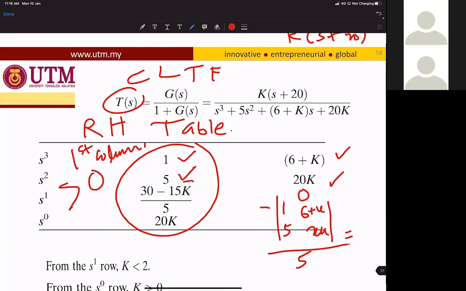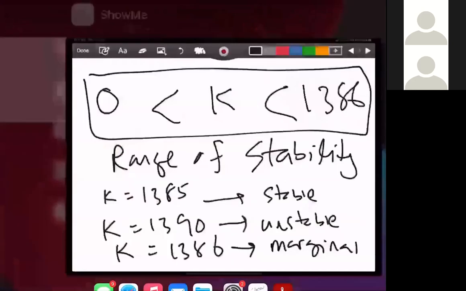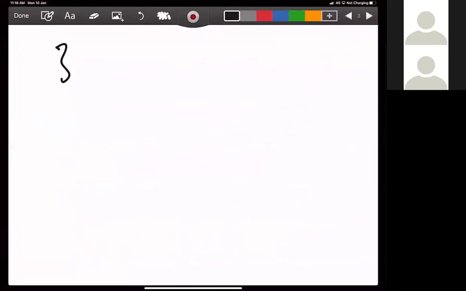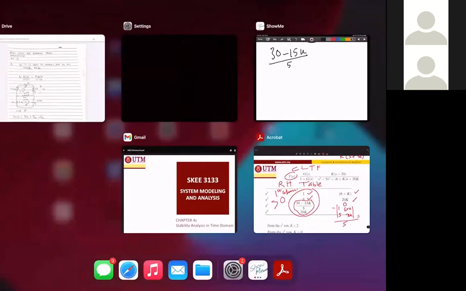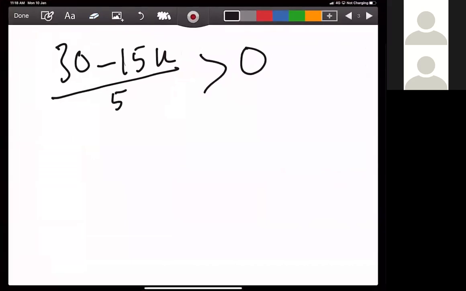So we have 2 unknowns there. Can you read for me the unknown? 30 minus 15K, divided by 5, greater than 0. Simplify, greater than 0.